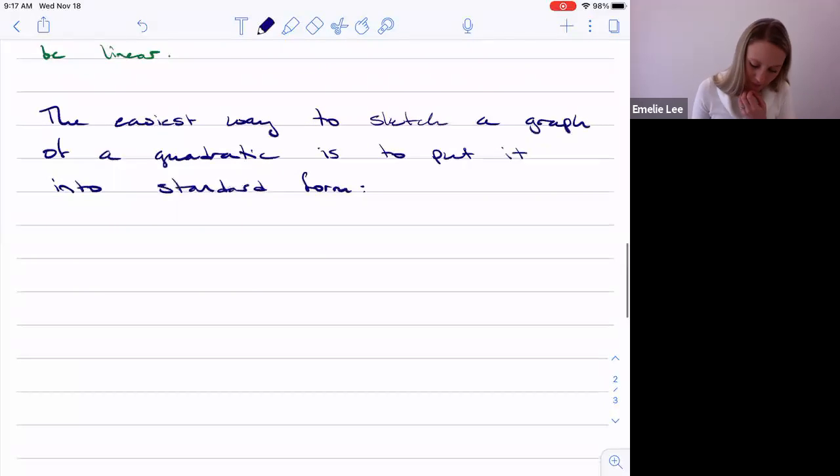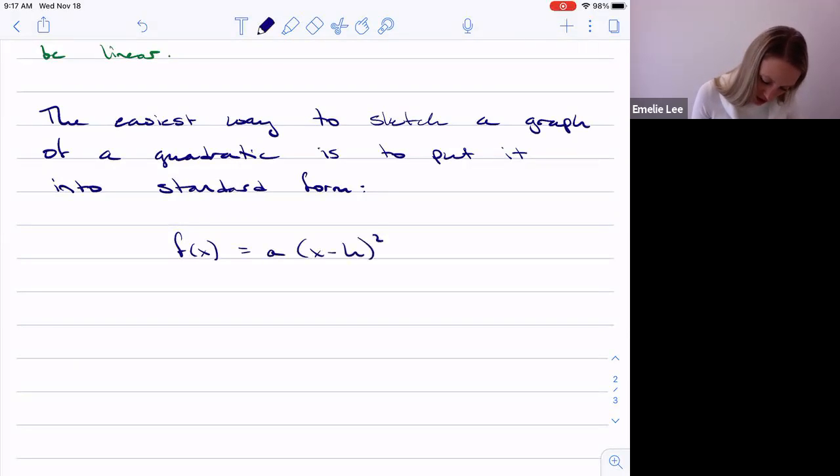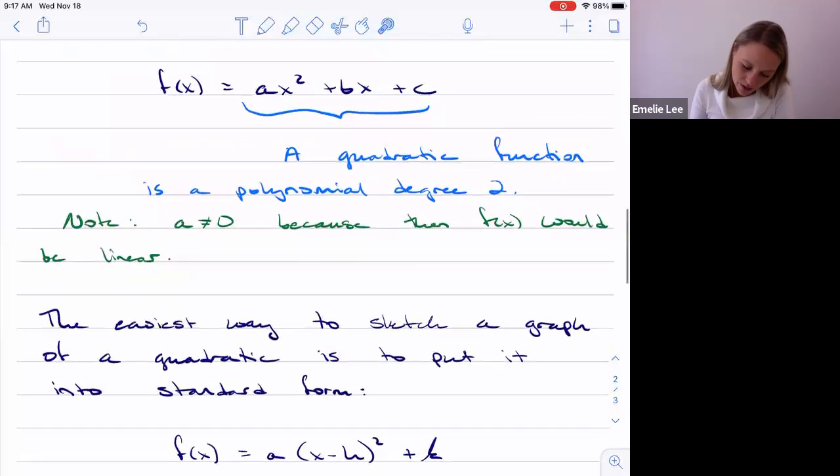Standard form looks like this: f of x is a times x minus h squared plus k. What we're doing is going from what I think is called the general form, though I don't want to commit because I don't quite remember.